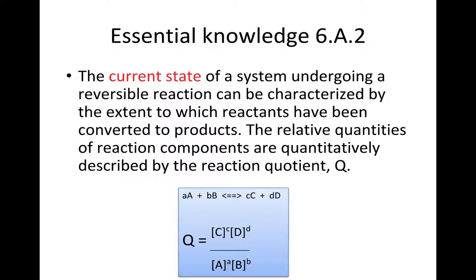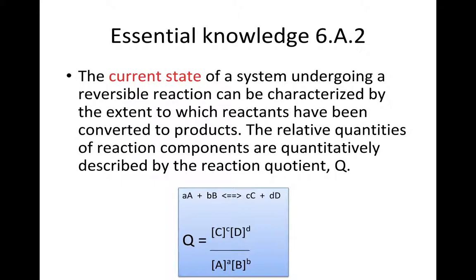And we characterize it by looking at the extent to which the reactants have been converted to products. So that means we look at the relative quantities of the reaction components, the products and the reactants, and we quantitatively or mathematically calculate something called the reaction quotient Q.